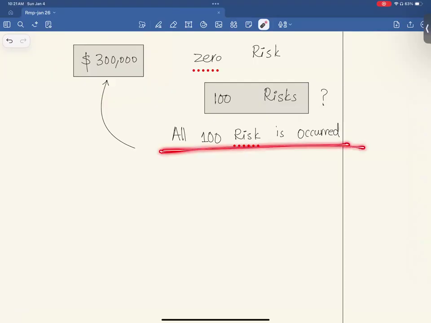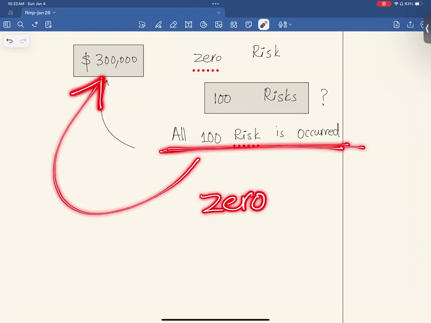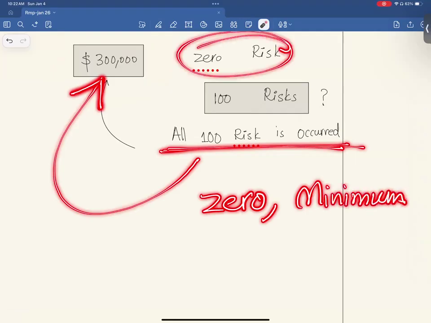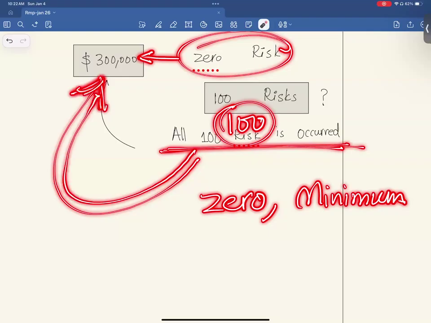If all 100 risks are occurred, which you identify, what is the probability of completing your project in 300,000? Zero, right? Negligible, minimum. Because if none of the risk is occurred, your estimate is 300. But if 100 risks are occurred, it is nearly impossible to still complete the project in 300,000, right? Because 100 risks will add more money, so it will go up.